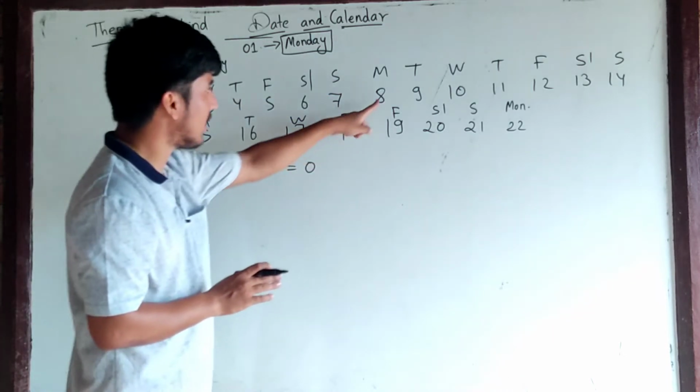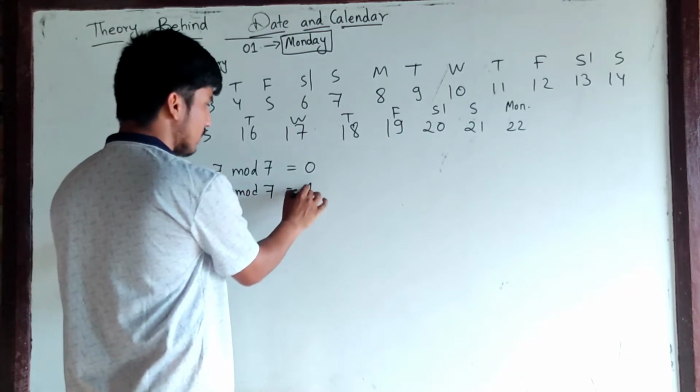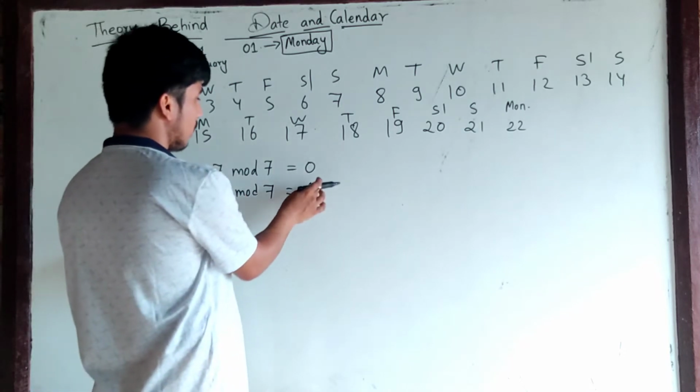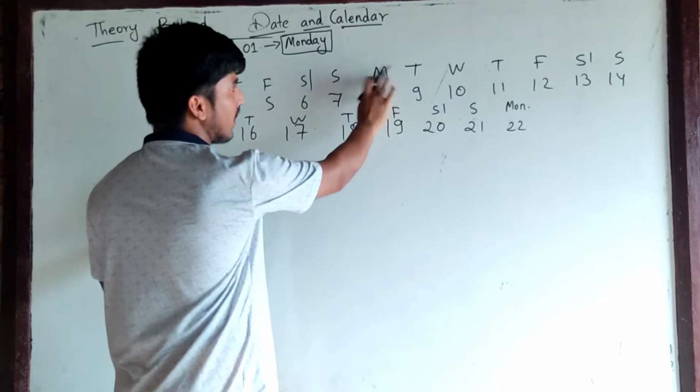Similarly, let's modular divide 8 by 7. This will give us 1, and this 1 corresponds to Monday.